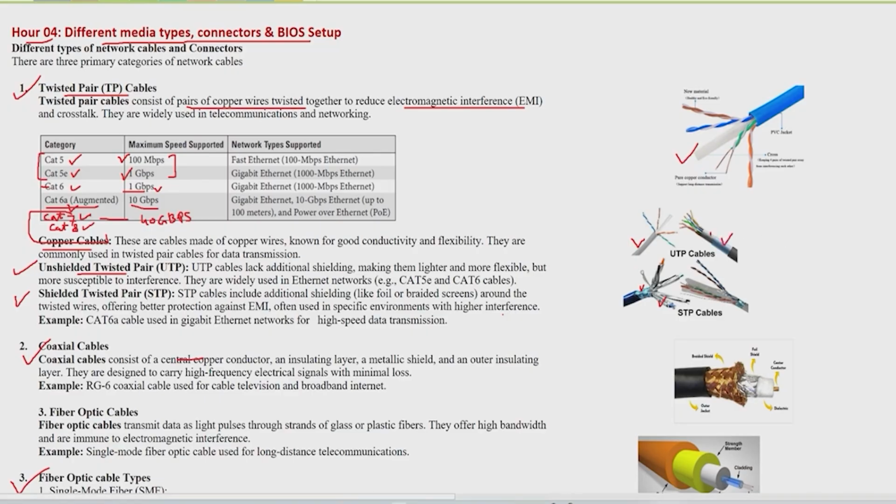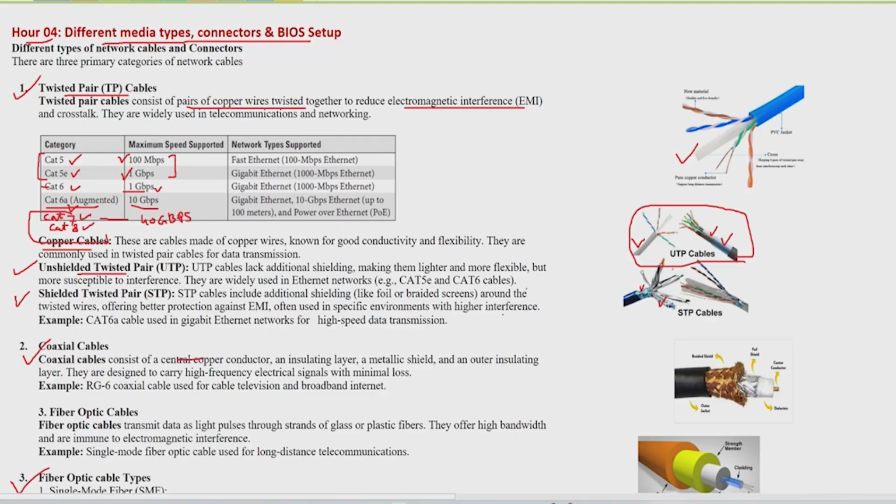They provided these shields later on, but that was not enough. So these two cables were considered not shielded. Why not shielded? It is protected with some material, but there was more electromagnetic interference coming from outside. That is why they were called unshielded. There is protection, but it was not very protected.